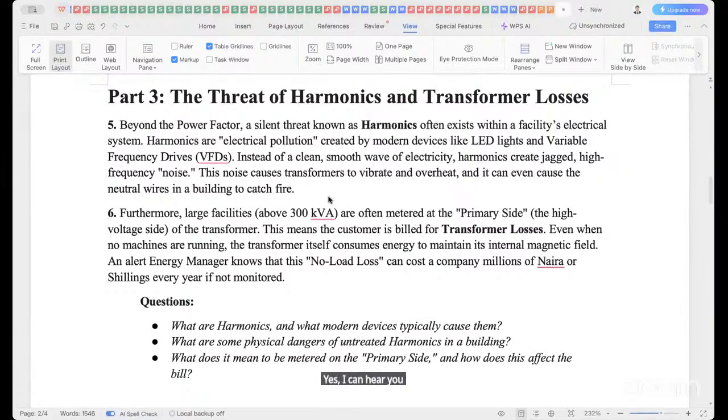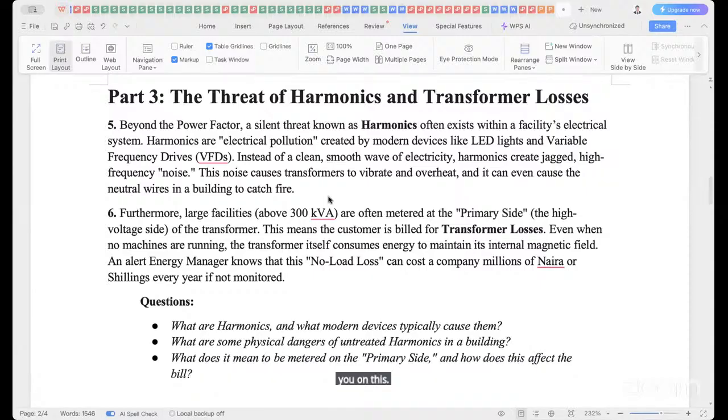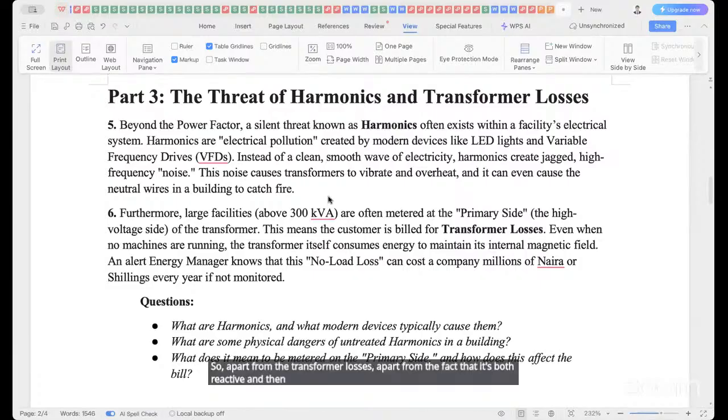Okay, so another thing that I wanted to point out is that all those transformers, depending on how old their lifespan is, the efficiency of the transformer also has a negative effect on what they will be consuming on the primary side. So apart from the transformer losses, apart from the fact that it's both reactive and active energy combined, even the efficiency of the transformer alone matters.